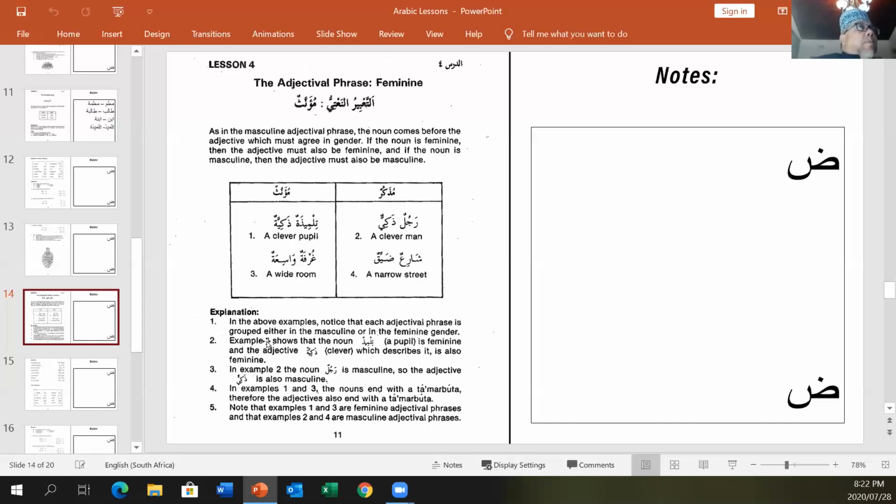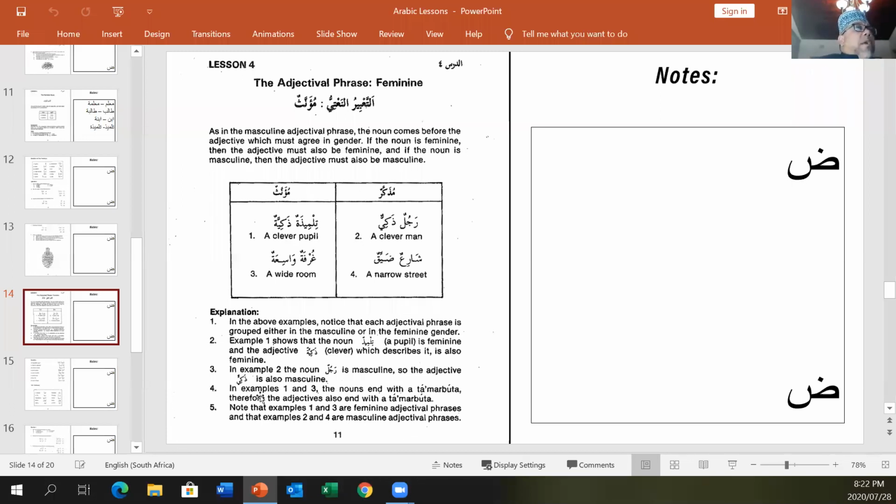Number 2, example one shows the noun tilmidatun, a pupil, is feminine, and obviously the adjective dakiyatun, clever, which describes it, is also feminine. We explained that already. Number 3, in example 2, rajulun is masculine, so the adjective dakiyun must also be masculine. We saw that there.